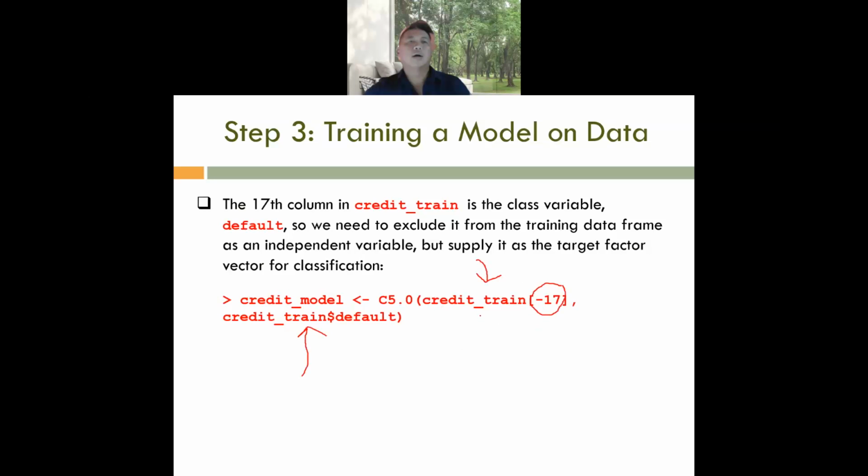So this is your training data set. This is your data, and this is your label. So what happens here is that you train the model called credit model using the training data set and also the class label for the 900 samples that we have.